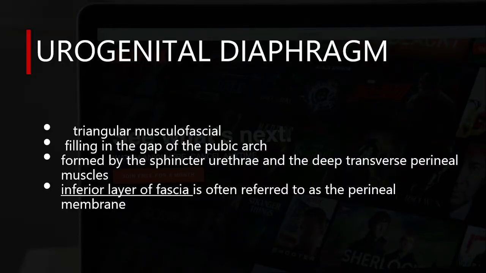So, the urogenital diaphragm. It is a triangular musculofascial structure filling the gap of the pubic arch, formed by the sphincter urethrae and the deep transverse perineal muscle. An inferior layer of fascia is often referred to as the perineal membrane.